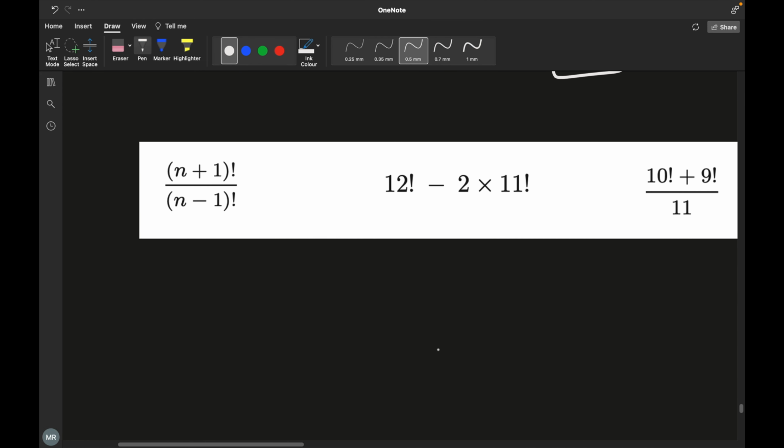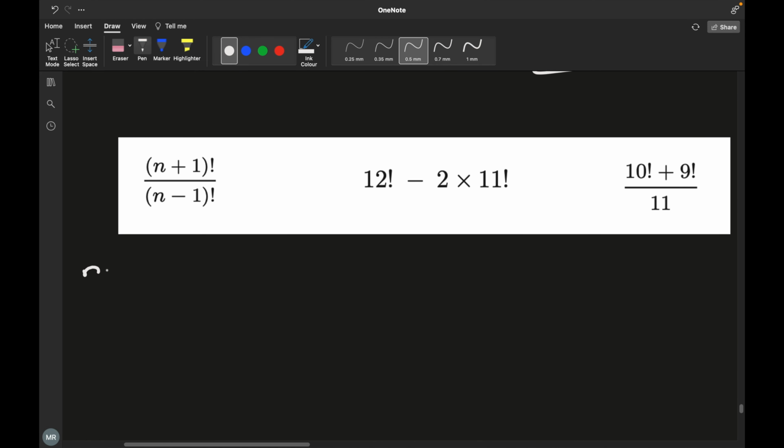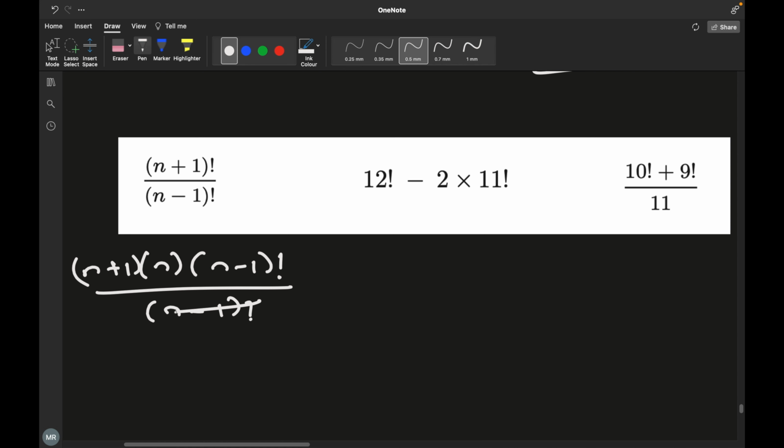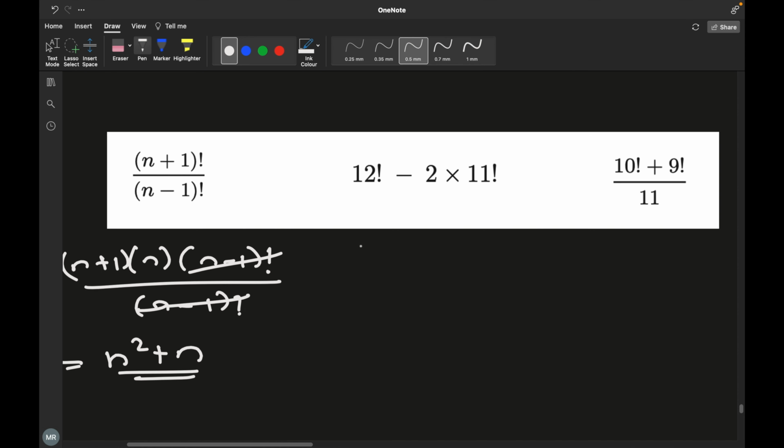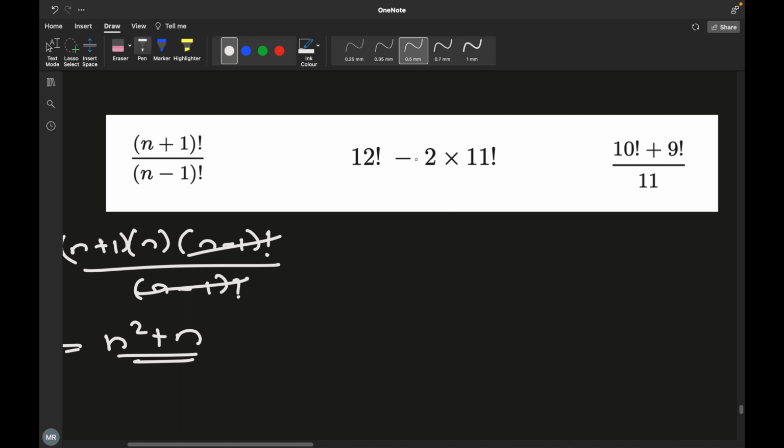Now let's simplify this. The top can be written as n plus 1 into n minus 1 factorial divided by n minus 1 factorial. It cancels out and we have n squared plus n. We can write 12 factorial as 12 into 11 factorial minus 2 into 11 factorial.